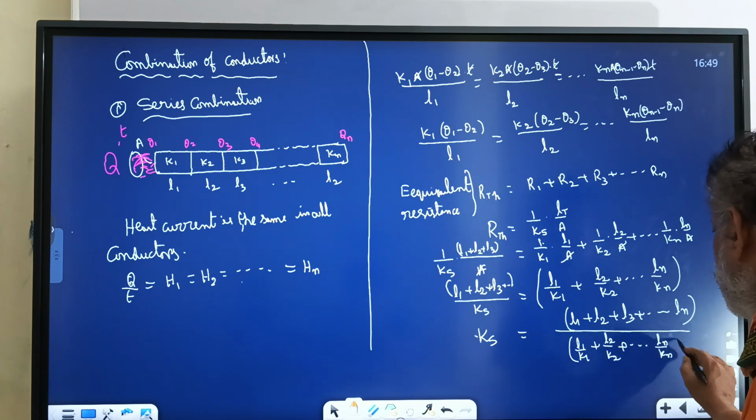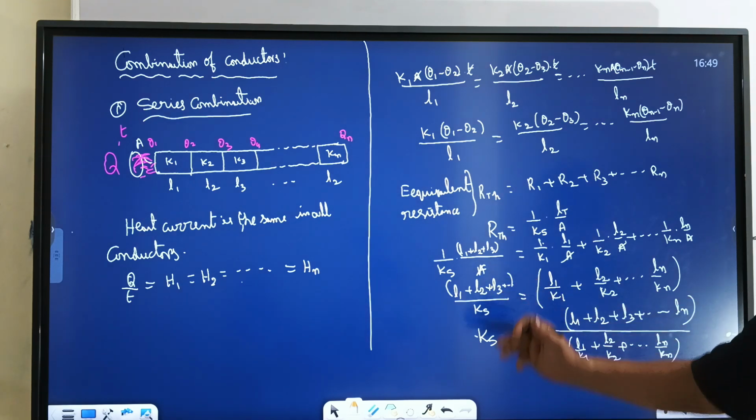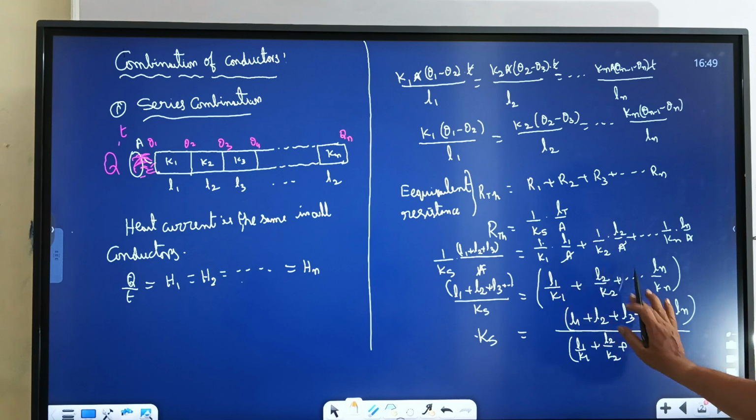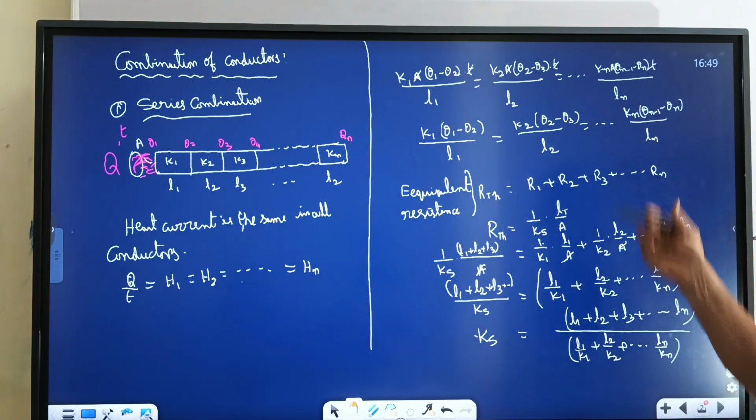Do you understand? What I am doing is taking the reciprocal of the total. The denominator was 1, so I take it up.